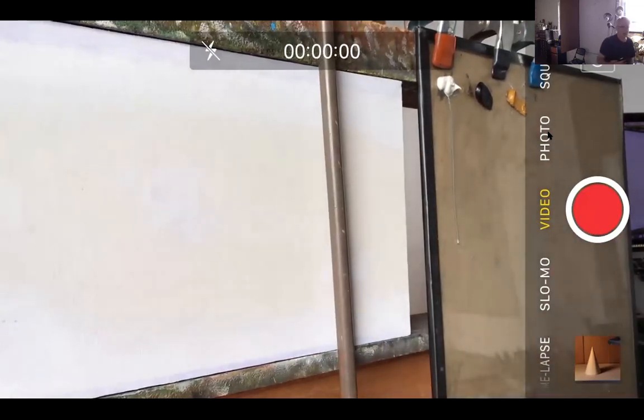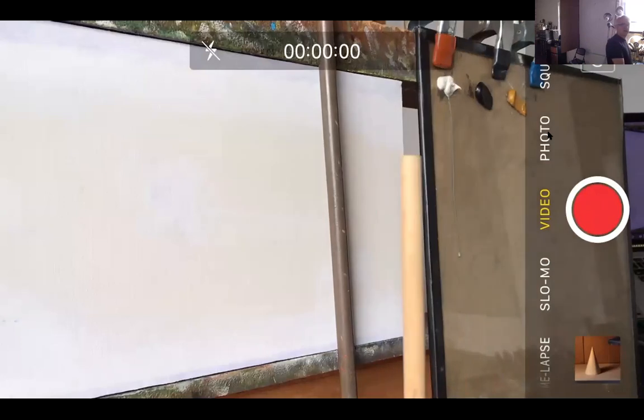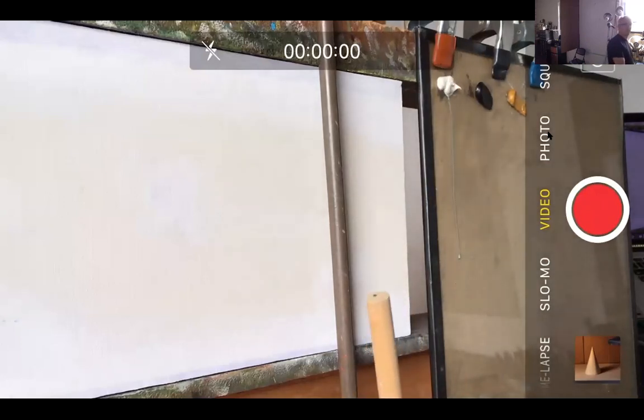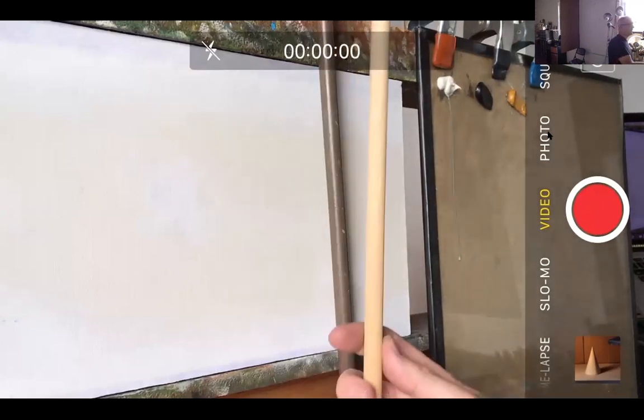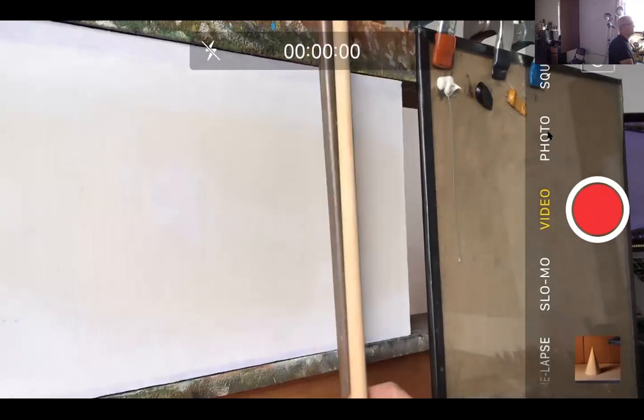If people want to get something like that, I highly recommend it. You can just buy a standard dowel at a hardware store. This costs maybe $2 or $3, and I find it very useful.